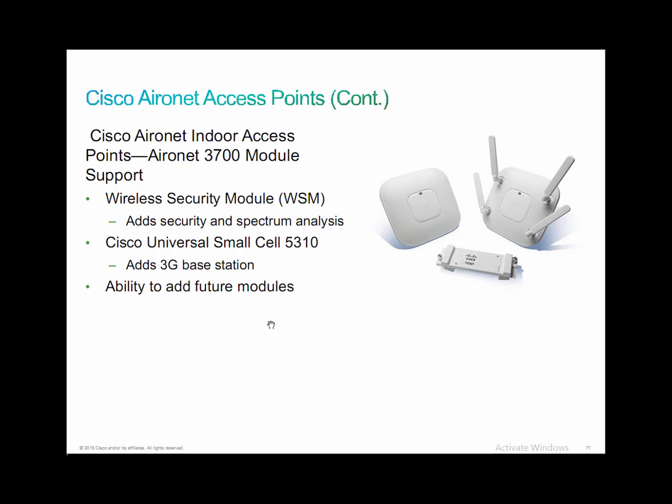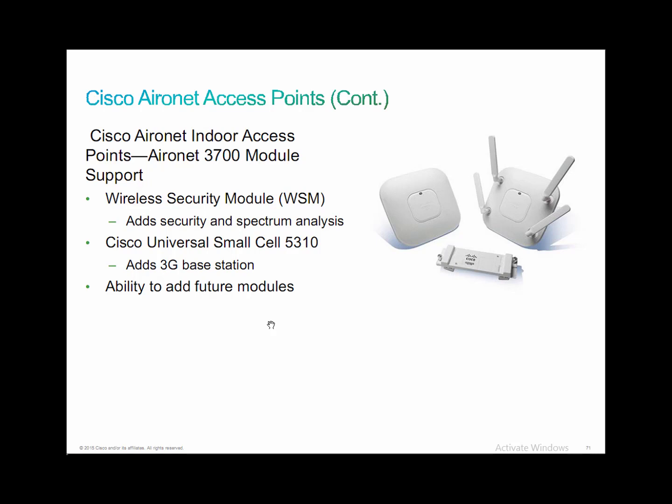If you want to add things like Clean Air technology for spectrum intelligence, WIPS scanning for threat detection, that's wireless intrusion prevention, rogue detection, location, context-aware identification services, radio resource management to constantly analyze the quality of the air, and so on, you can utilize those add-on modules. Those are the wireless service modules that you can add on to the 3700.